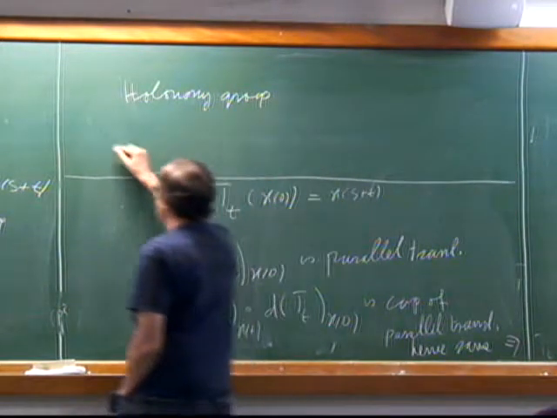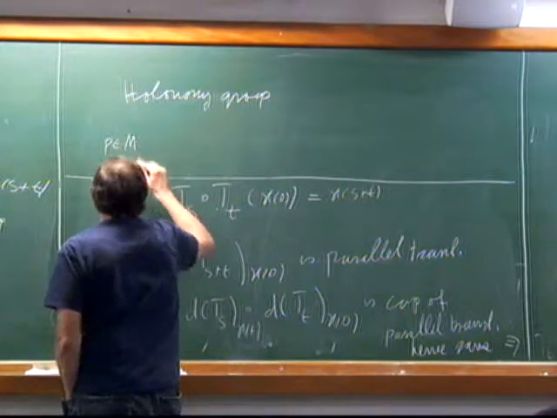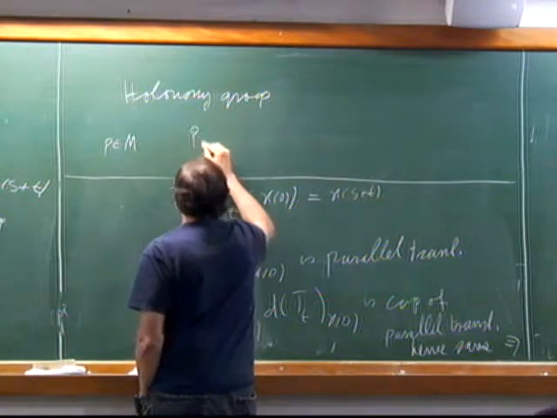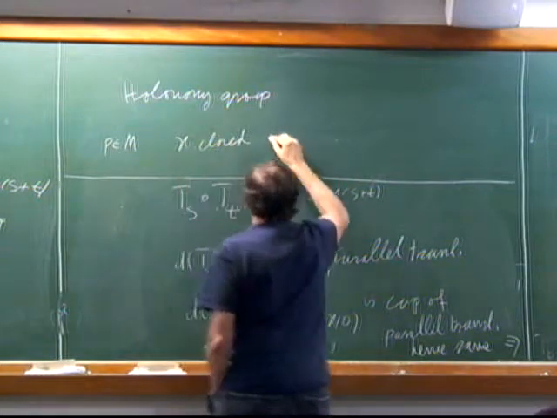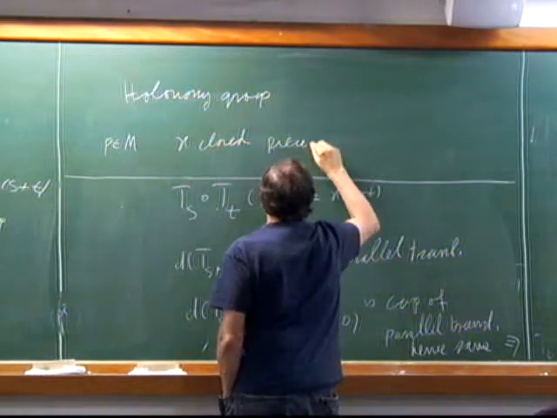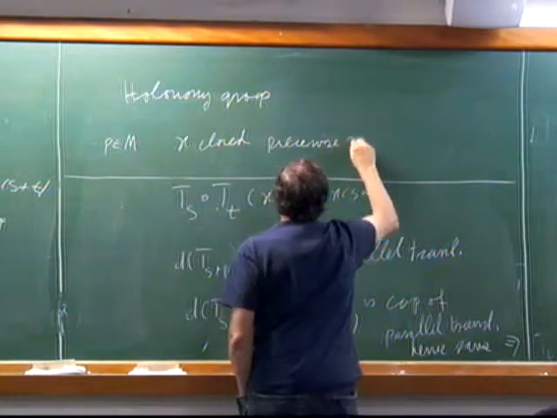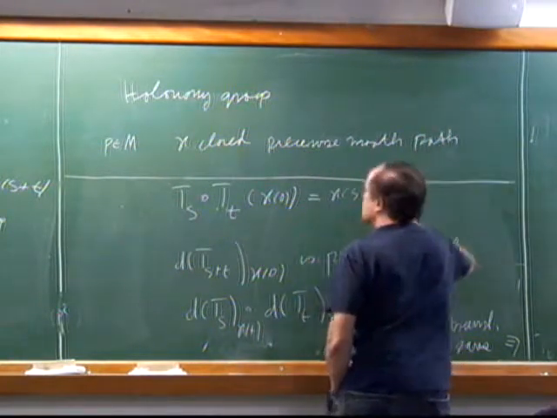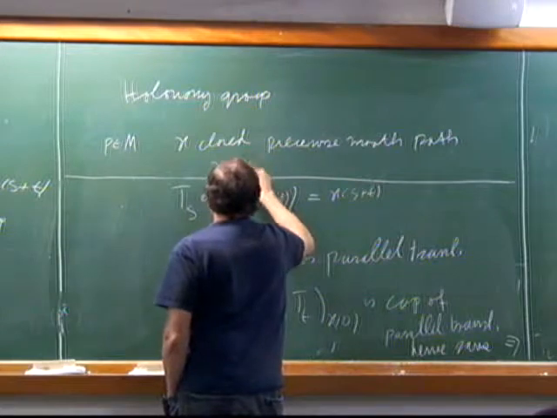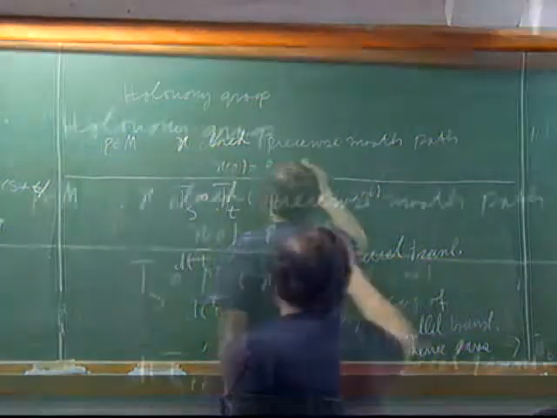So what is that? I fix a point in the manifold. Let's say gamma is a closed, say piecewise smooth path, where gamma of 0 is equal to a point P, and that's gamma of 1 also.